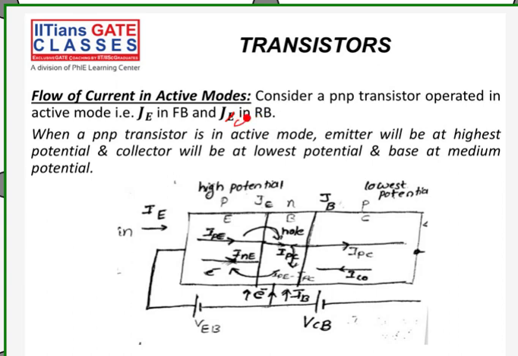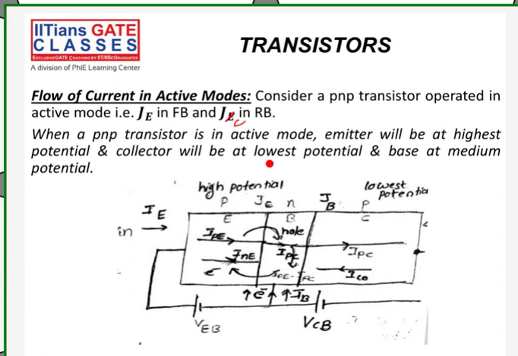So collector junction is reverse biased. And I am talking about a PNP transistor. P is the emitter, N is the base, and P again is the collector. So PNP transistor in active mode I'll discuss, and this will be the basic transistor for me for the coming classes.